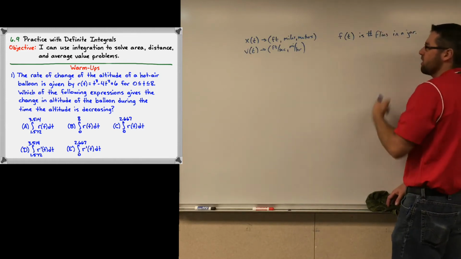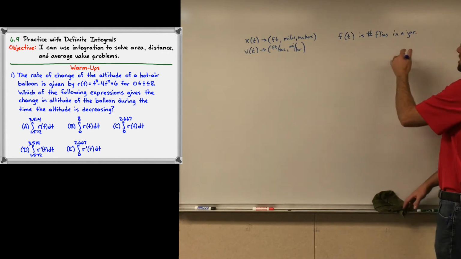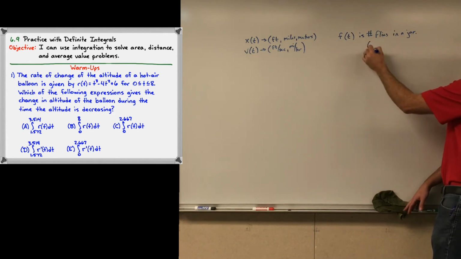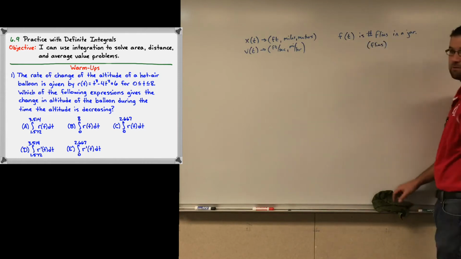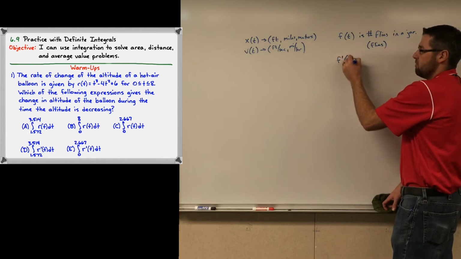So f is the number of flies. Therefore, the units for f of t would be the number of flies. That's easy. What would f prime then be?